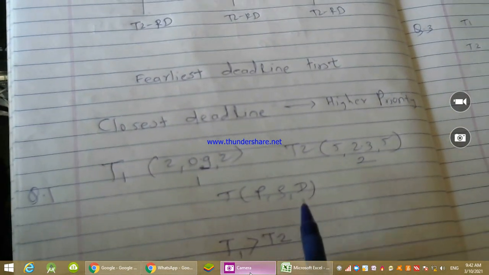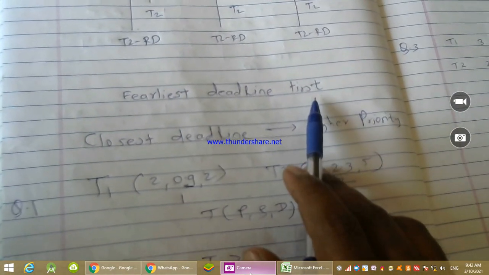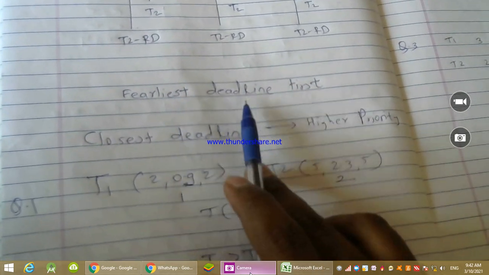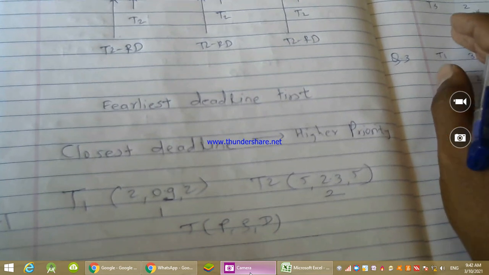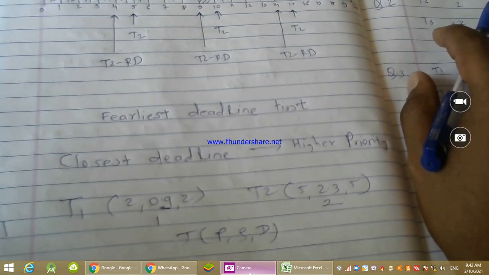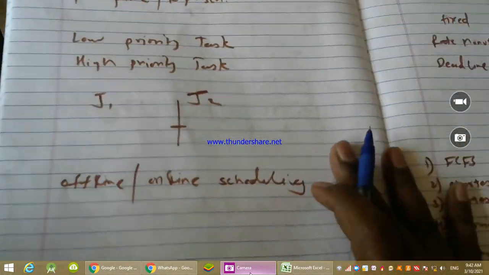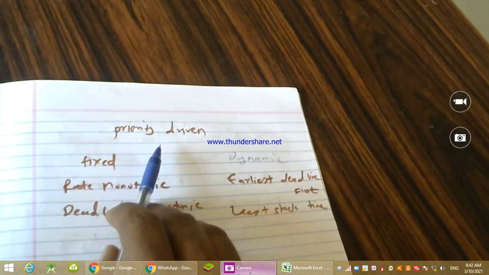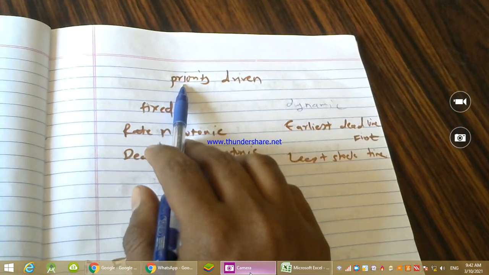Now we are going to see the earliest deadline first scheduling algorithm, which is a dynamic algorithm. Why am I saying this? Because previously we saw the priority-driven algorithms.